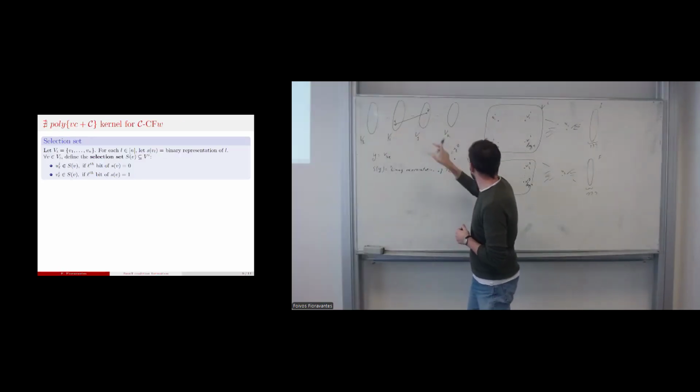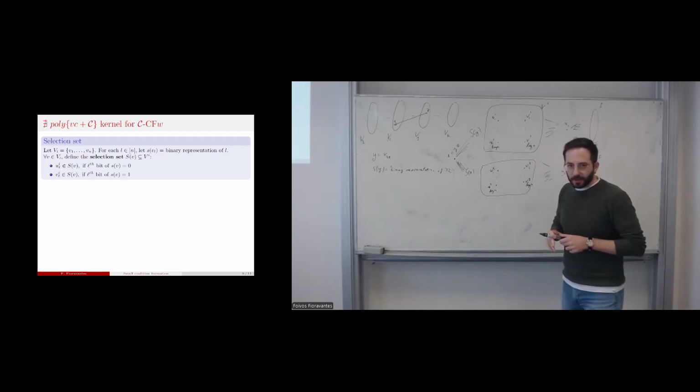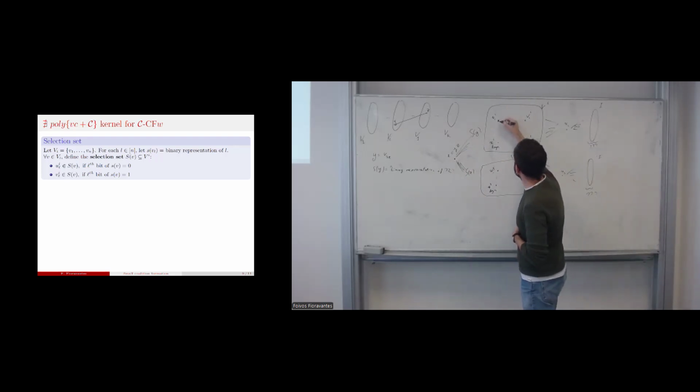Z is in Vj, it will be connected to this. I will add here only towards these, and here only towards these. Okay, so let's say that these are this, and this. And let's say that here it's this, and this.